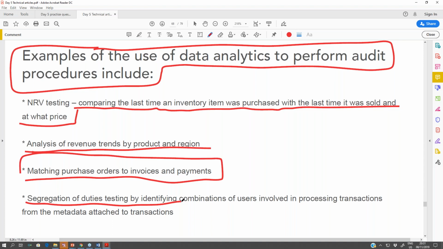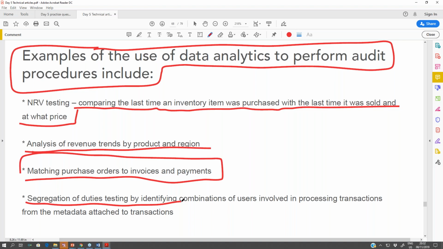You can check the segregation of duties by identifying the combination of users involved in processing of transactions from the metadata attached to the transactions. So many benefits, right?